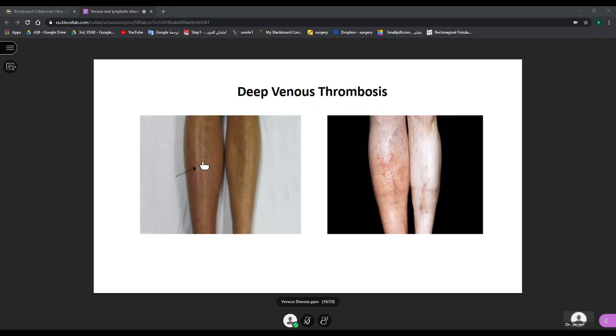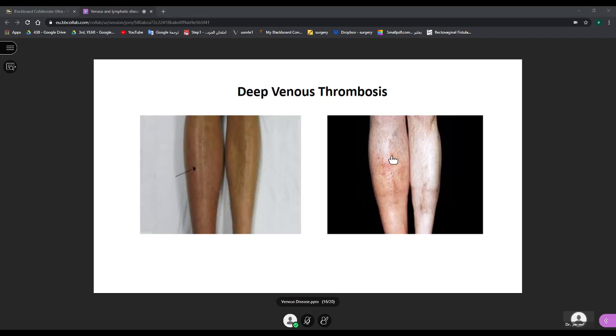And here you can see some degree of bluish discoloration. I'm not sure whether it's clear, but if you saw this cyanotic picture, then this is most likely the stage of phlegmasia caerulea dolens.